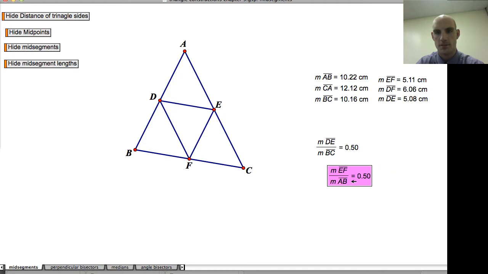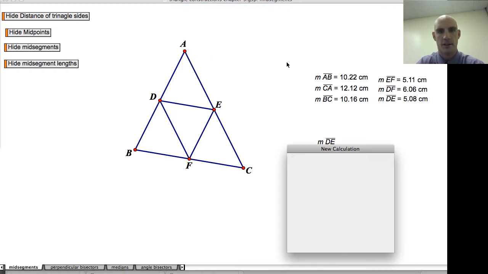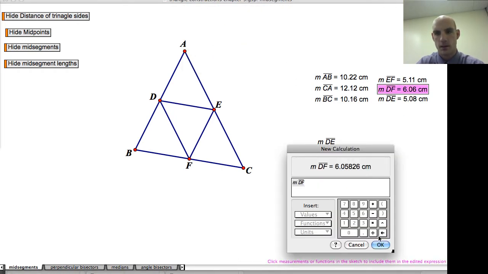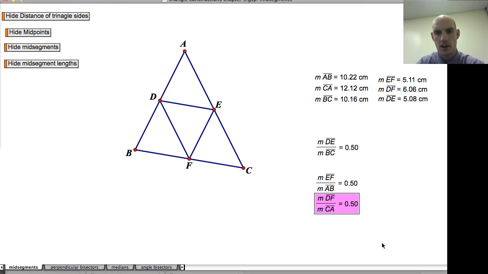There's my second measurement. Notice, same ratio. I haven't moved this triangle yet. My last one is going to be DF and AC. I'll set up that last calculation, DF divided by CA, or AC. Now, all of those are a half right now.